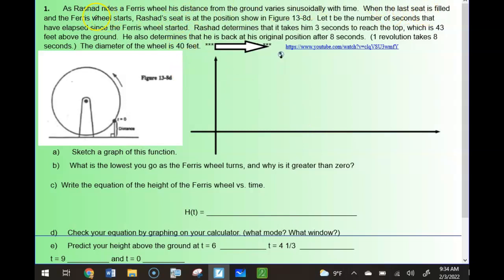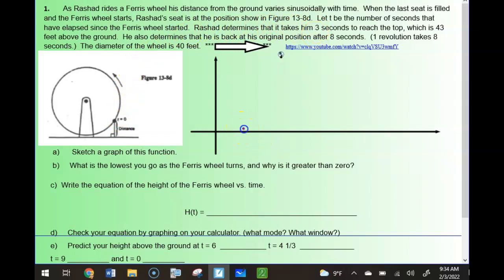When the last seat is filled and the ride starts, okay, so they loaded it all up, and now he's starting the ride. It said his position is at some random spot right here, time 0. It says he determines it takes him 3 seconds to reach the top.